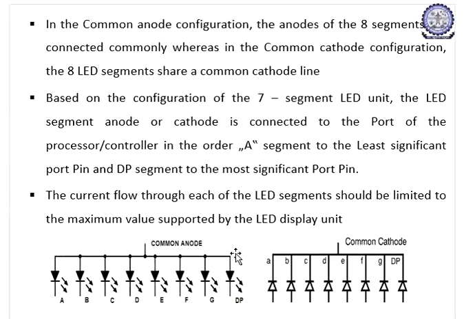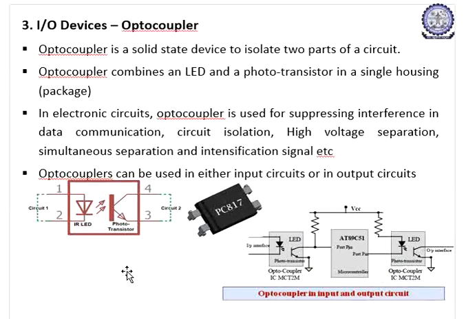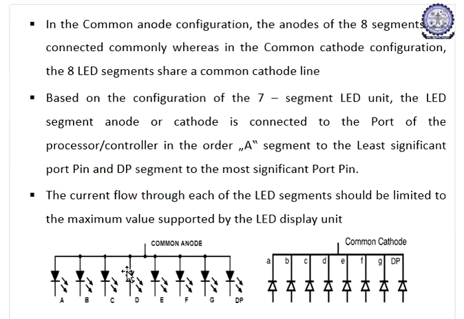If the cathode part of the LED is connected commonly here, then we call it a common cathode configuration. The same thing as before applies when connected to the port pin, whether active low or high.